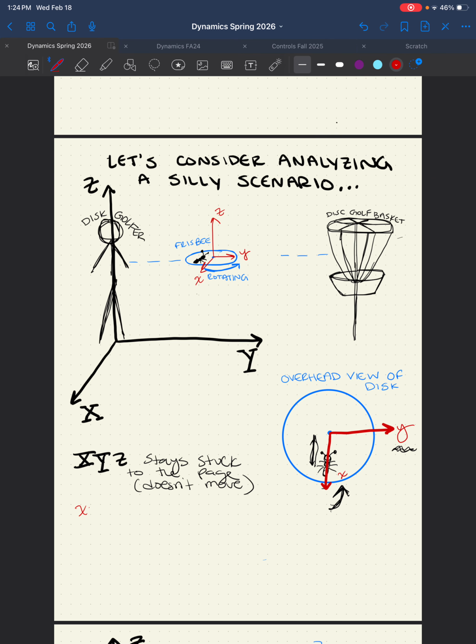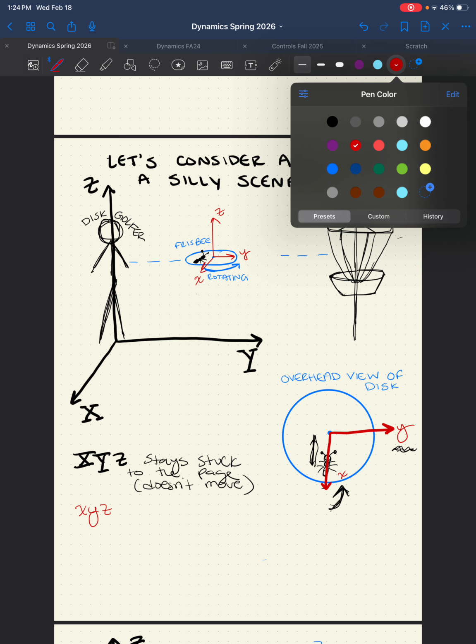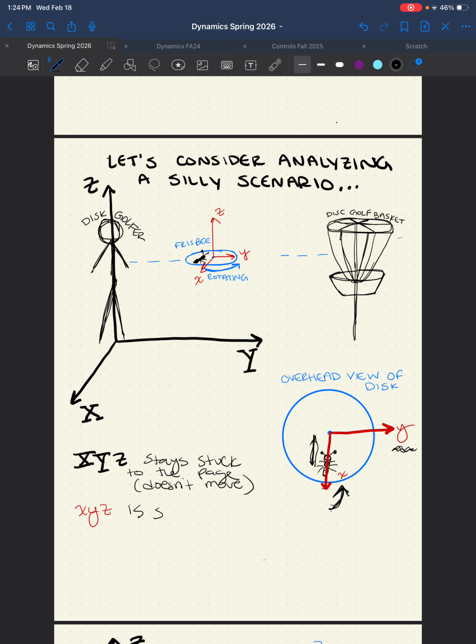Little x, little y, little z is stuck to the disk, meaning that it rotates and translates with the disk.